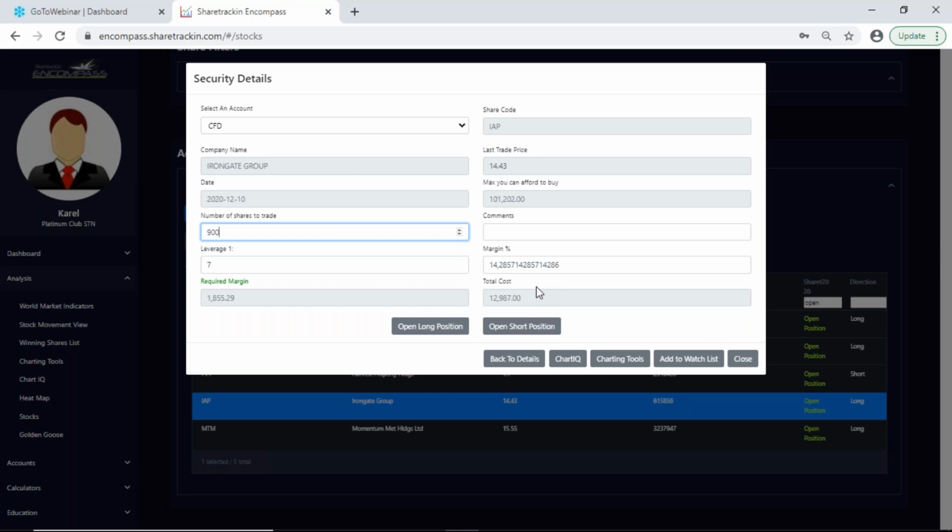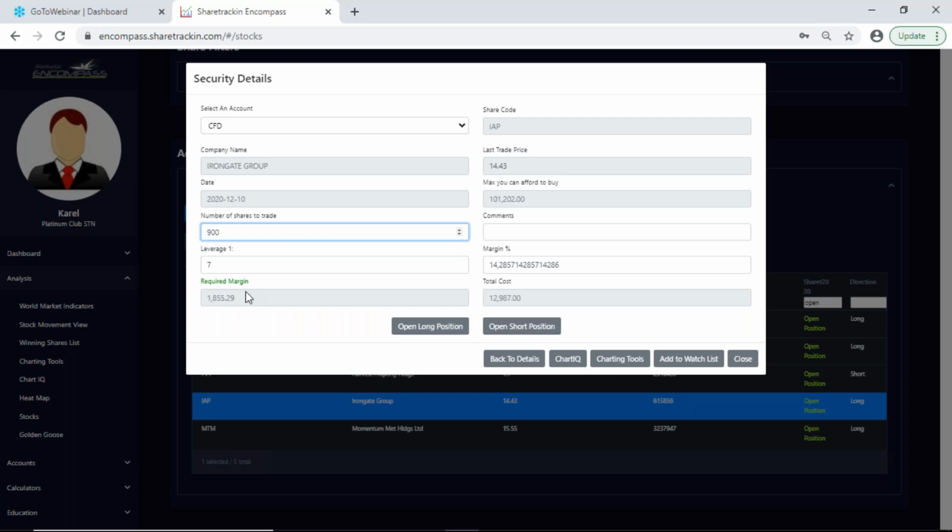But because I'm doing a CFD and I'm getting a gearing ratio of 1 to 7, I'm only paying 14.29% of the total cost, which gives me the margin that I must pay of 1,855 Rand.